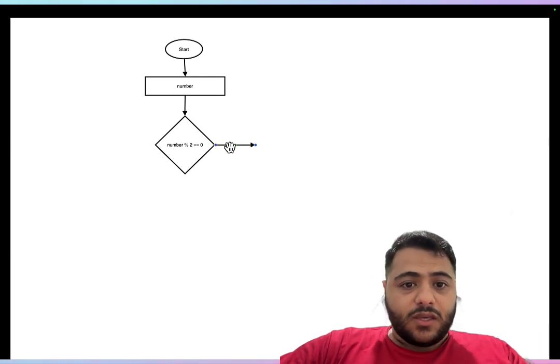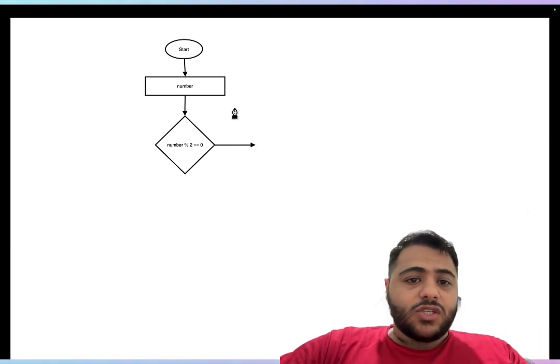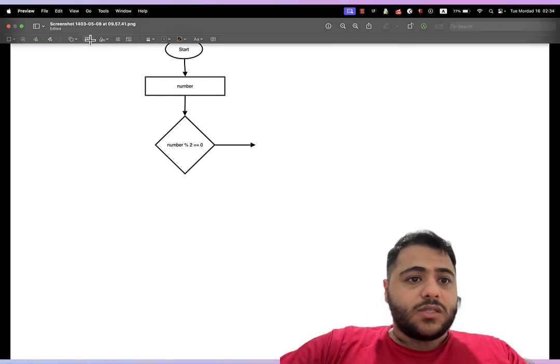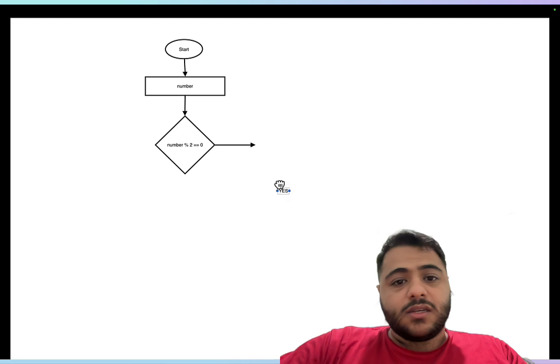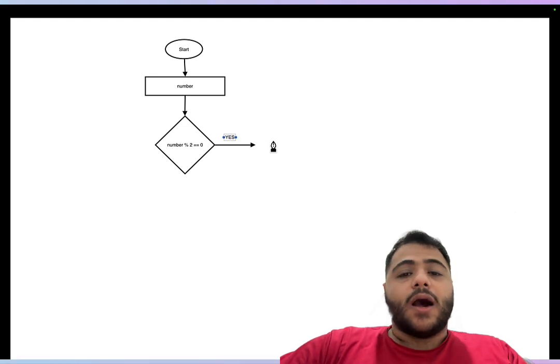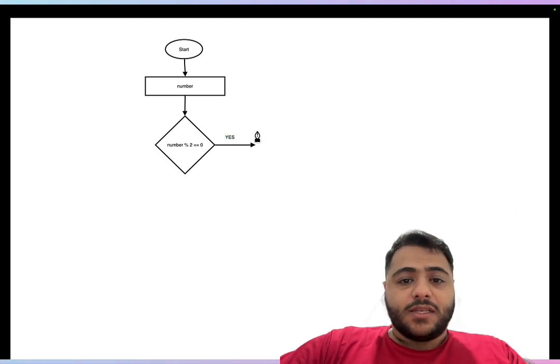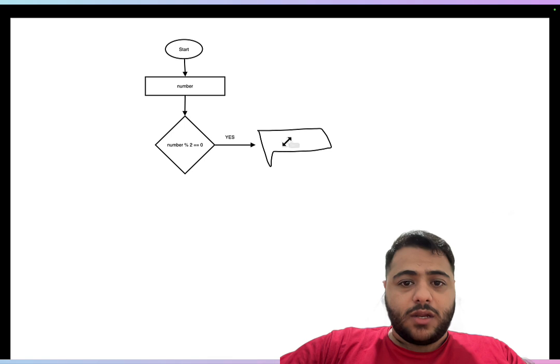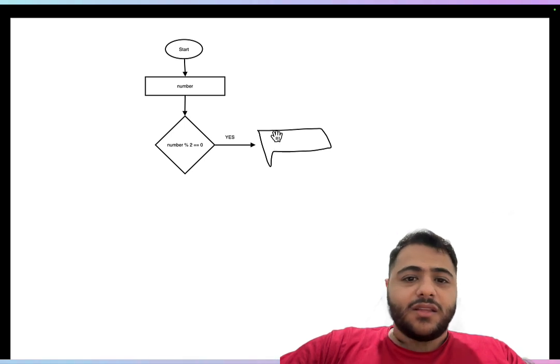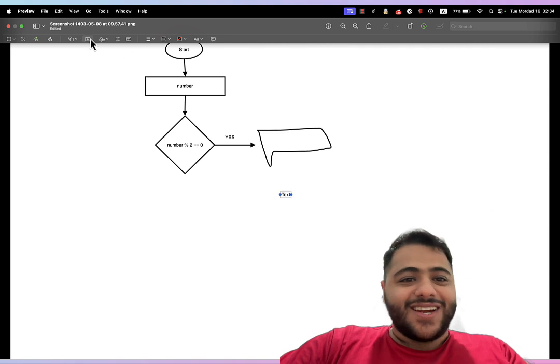If the condition is true, when this condition is satisfied, we call it yes. We know it's an even number. We're gonna keep it that way and write it. Come on, it doesn't let us write.